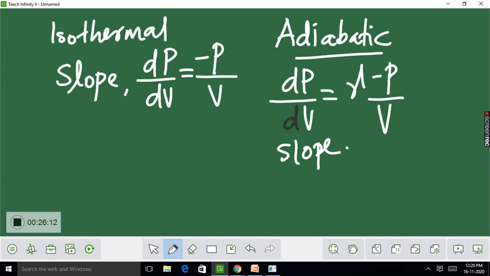We can rearrange these equations. Look at this. V can be taken to the numerator.